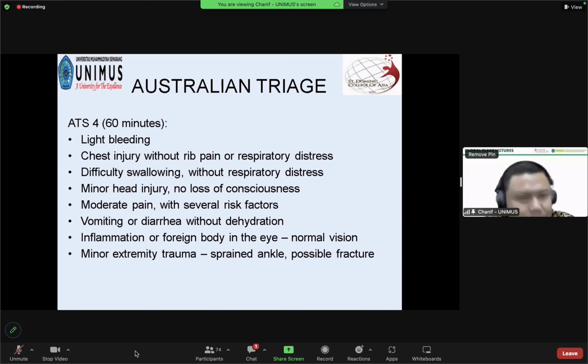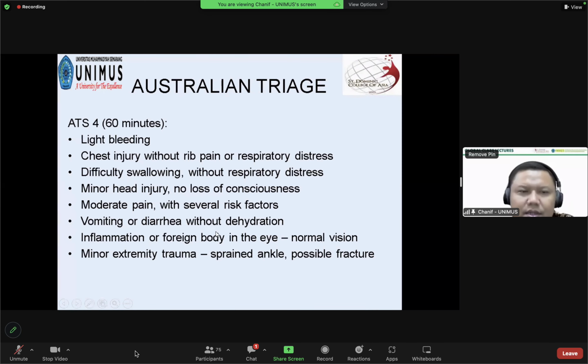Okay, ATS level 4 is for patients with light bleeding, chest injury with no pain or respiratory distress, difficulty swallowing without respiratory distress, minor head injury with no loss of consciousness, moderate pain with several risk factors, vomiting or diarrhea without dehydration, inflammation or foreign body in the eye, and minor extremity trauma.